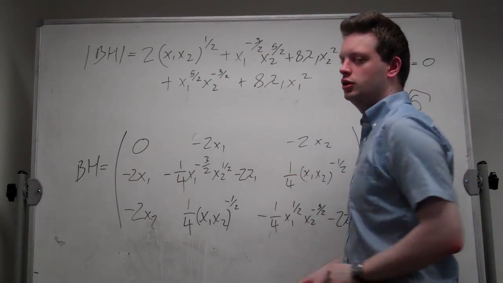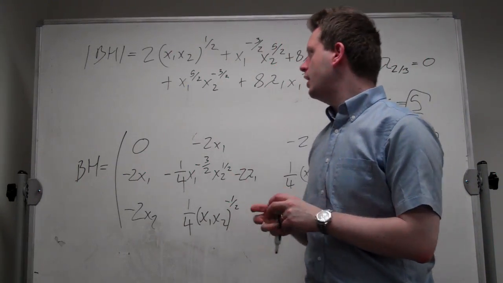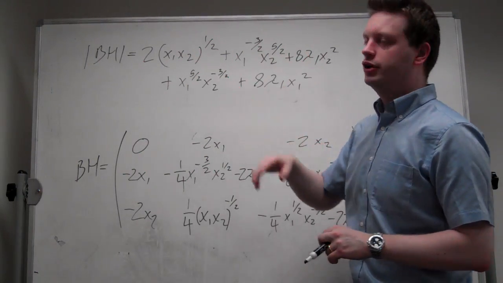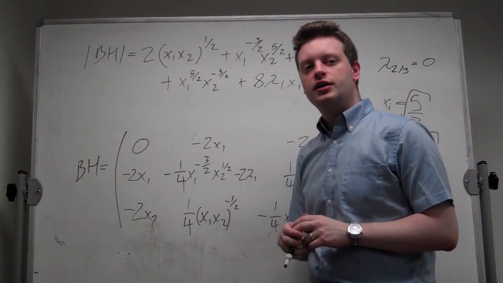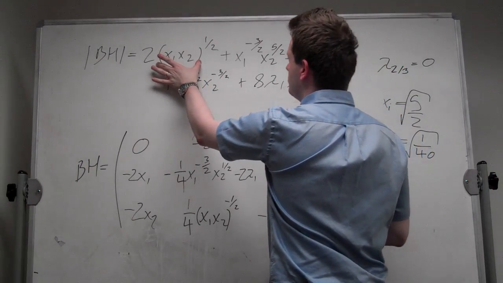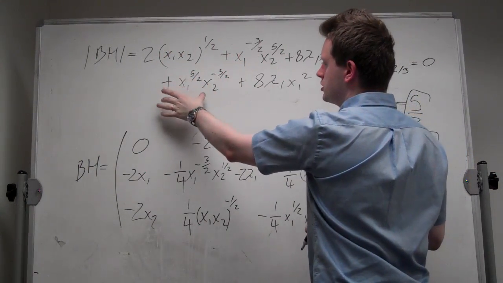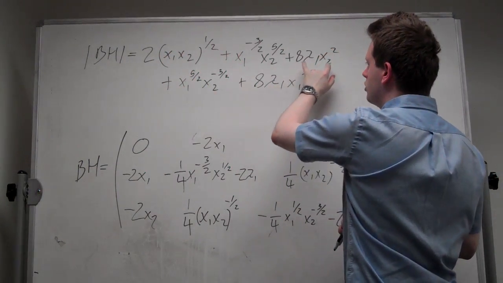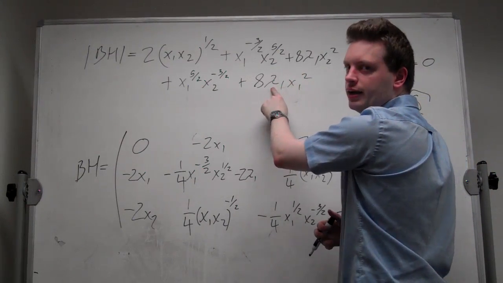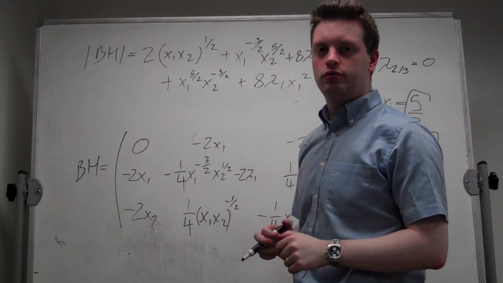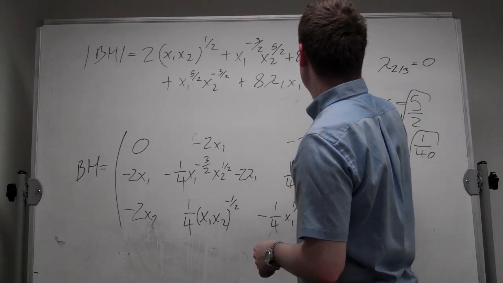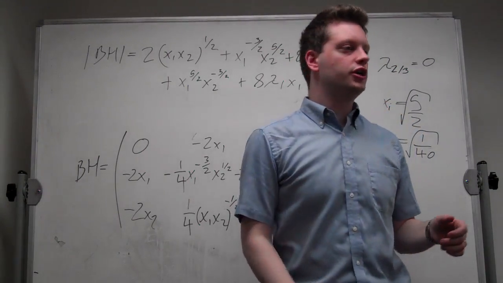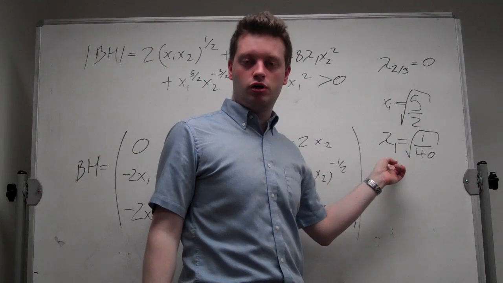Okay, we have this expression. Now, we already ruled out that the x's are equal to 0, and we said that the x's are positive. So this is a positive term, this is a positive term, and this is a positive term, and these two terms are positive provided lambda is greater than 0. Well, that means the whole thing is greater than 0, because we just found lambda to be the square root of 1 over 40.